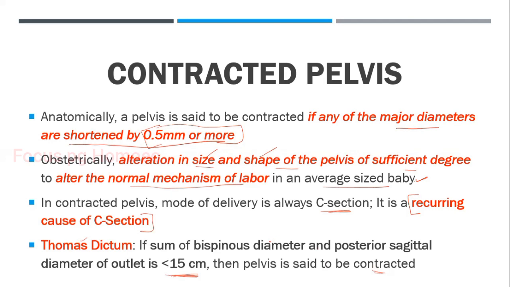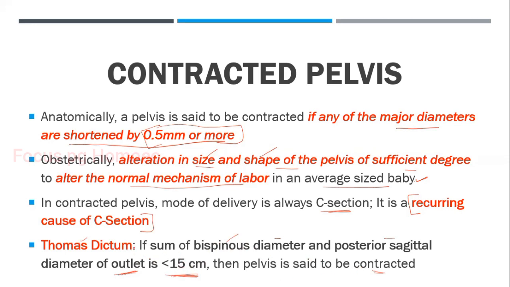So the sum or addition of bispinous diameter and posterior sagittal diameter of the outlet, all these words are important, because easily it can become statement 1, statement 2. They can change this bispinous into biparietal or bitemporal, or they can change this outlet into inlet, and they can change this value, and give it as statement 1.